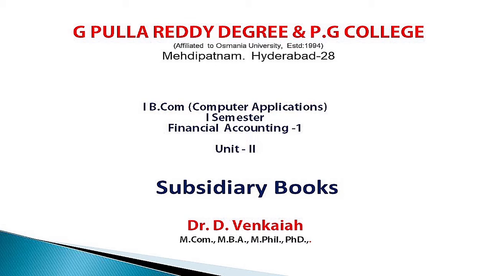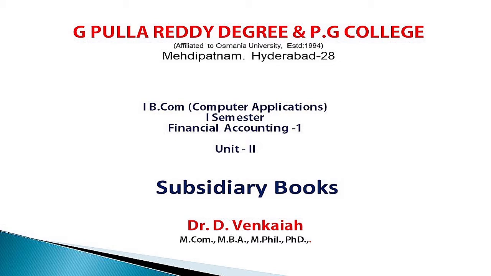So 90% of the work is completed without writing journal entries, by posting directly into ledger accounts. Those ledger balances are transferred to the trial balance. In the subsidiary books, the important or main items are the sales book and the purchases book.